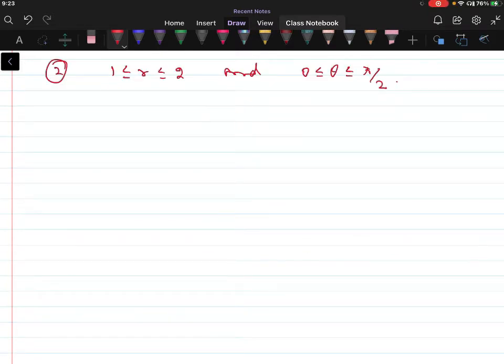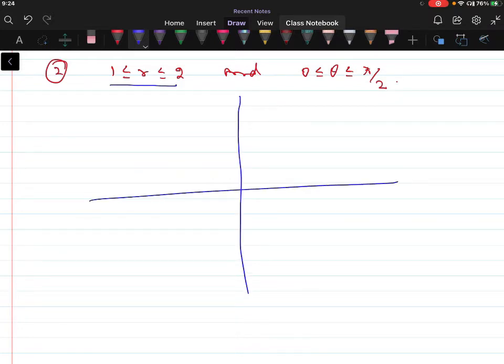Let us plot the points. r lies between 1 and 2, and theta varies from 0 to pi by 2. So let us plot on the plane. Let us fix the origin, that is O. So let us have the initial ray through the origin.